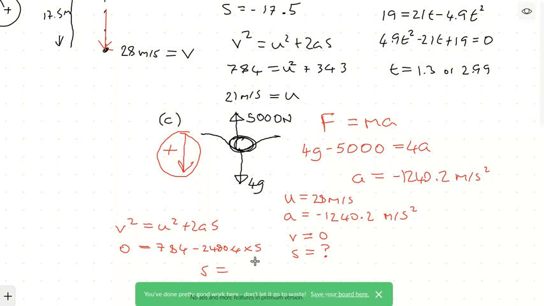I'm getting an answer of, oh, hang on, I've done the division the wrong way around. Everybody does it sometimes. Watch out to get the division the right way around. 0.316 meters. And it's done.